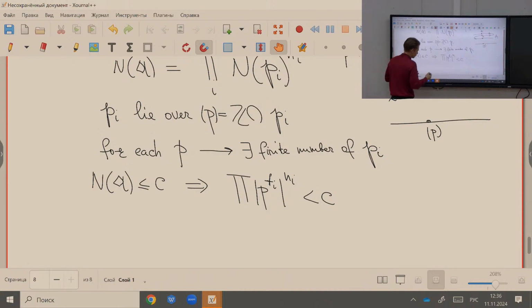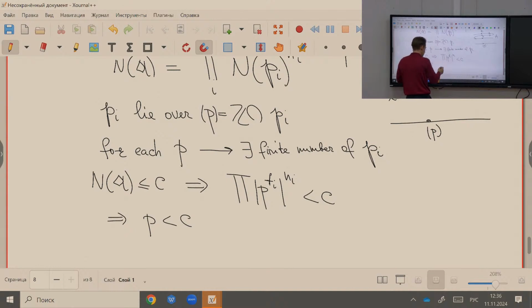If you fix this integer number, there are only a finite number of p_i that can map to it. So since you have this inequality, P is bounded, of course, and the n_i are also bounded.